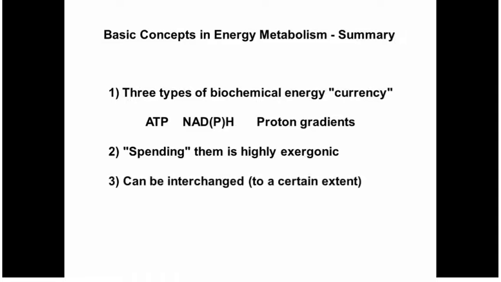They liberate energy, and they can be interchanged, generally via the proton gradient. So the redox reaction can form a proton gradient, which can help you generate ATP, and it can also work the other way around. If you can get one of these things, you can get the other 2, basically.